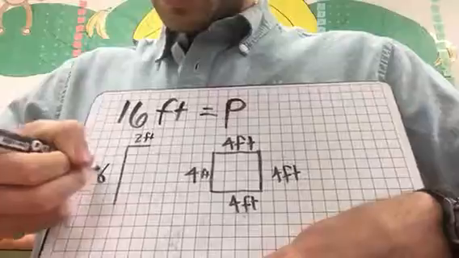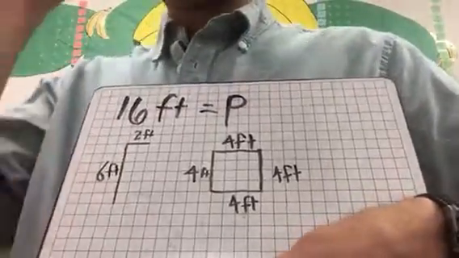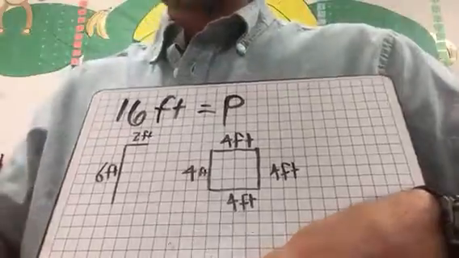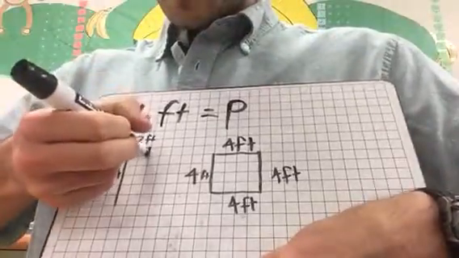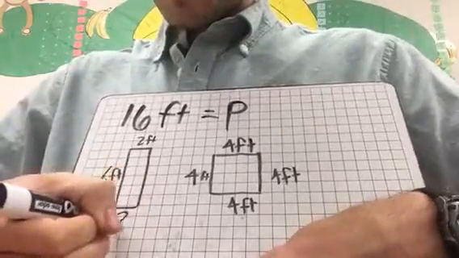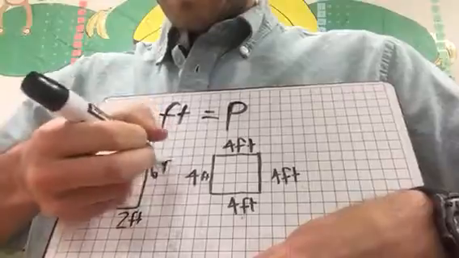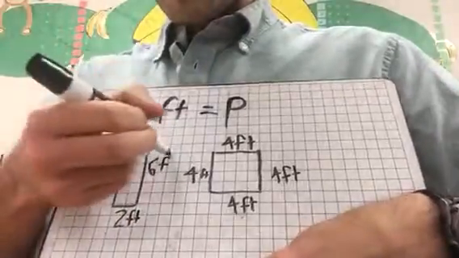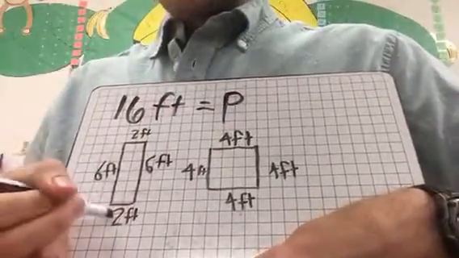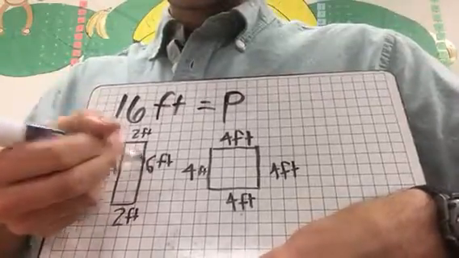We've got 6 feet. 2 plus 6 I know is 8, which is half of 16. So we go down another 6 right here and another 2 right here. 2 feet and 6 feet. 6 plus 2 is 8, plus 2 is 10, plus 6 is 16.